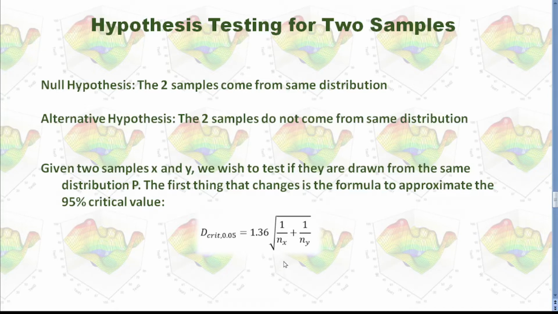It is, we have the size of the sample X and also size of the sample Y, and we take the reciprocal of each one, sum those up, take the square root and times 1.36. This is our critical value, and then we will compare our maximum difference with this critical value to do our hypothesis test.